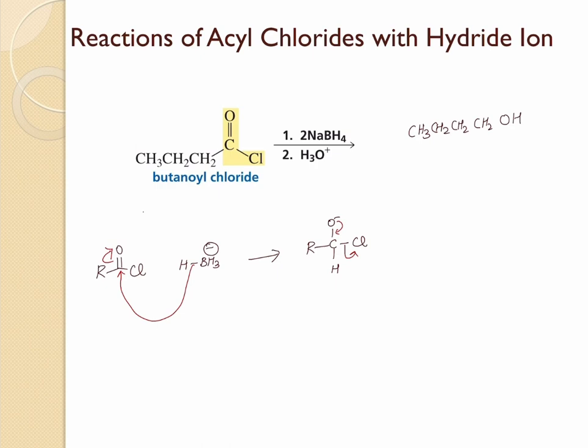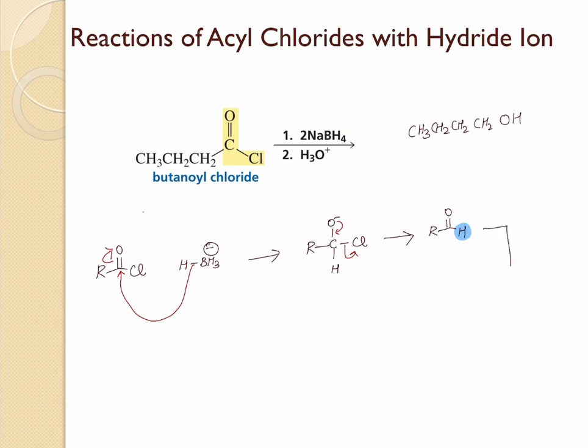So this reaction right here is a nucleophilic addition-elimination reaction. It will give us an aldehyde, since the hydride ion is getting added to the carbonyl group. So this is the first hydride ion that is getting added.